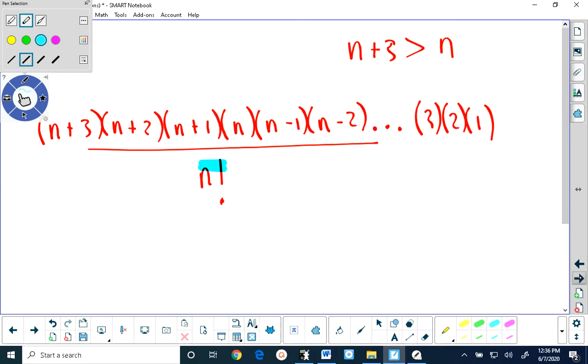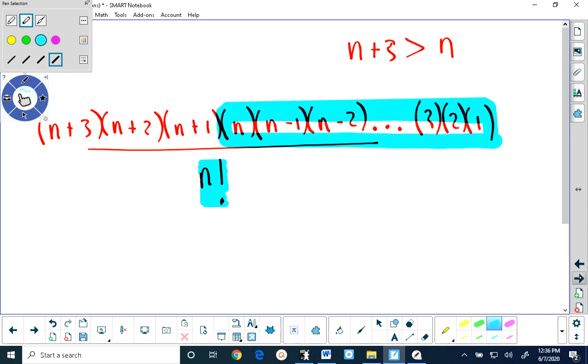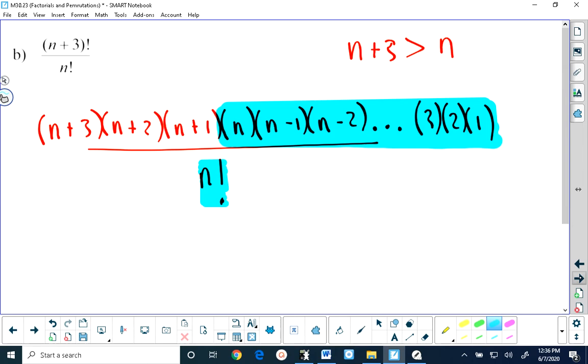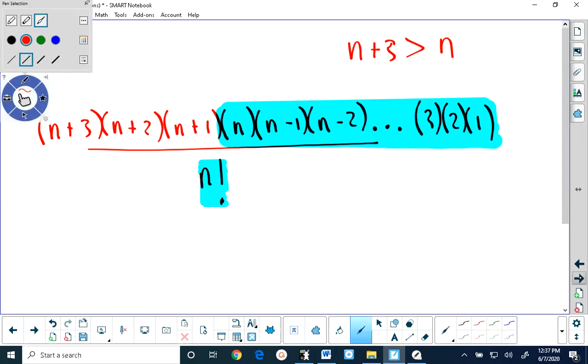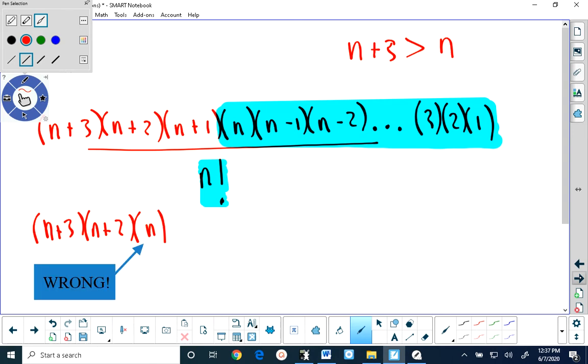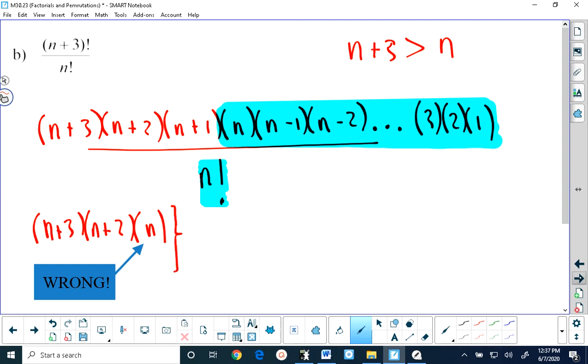Well, n factorial, which is what we have on the bottom, is this, which means those two things cancel, and what you will be left with is n plus 3, n plus 2, n. And I don't feel the need to multiply that out. This is our answer.